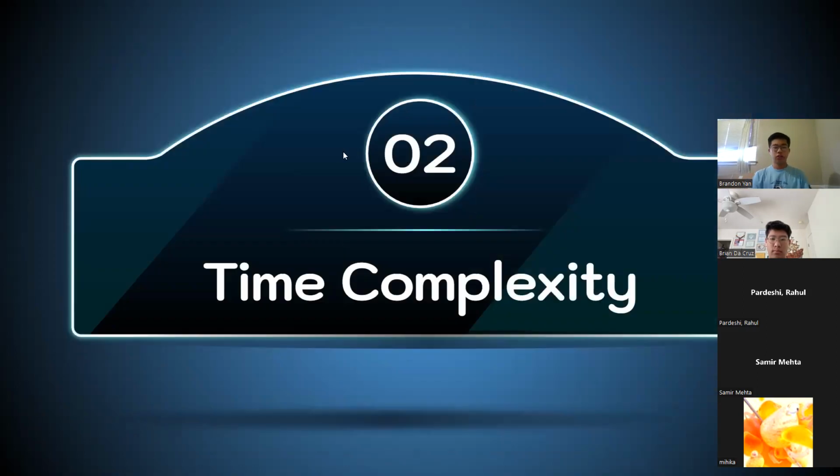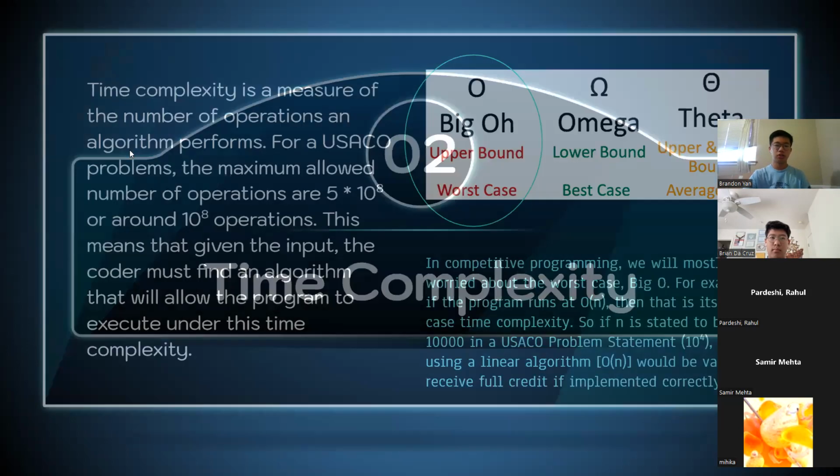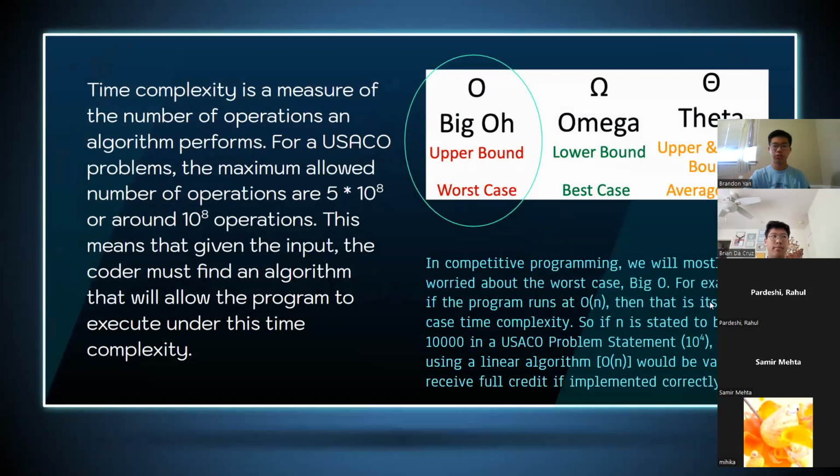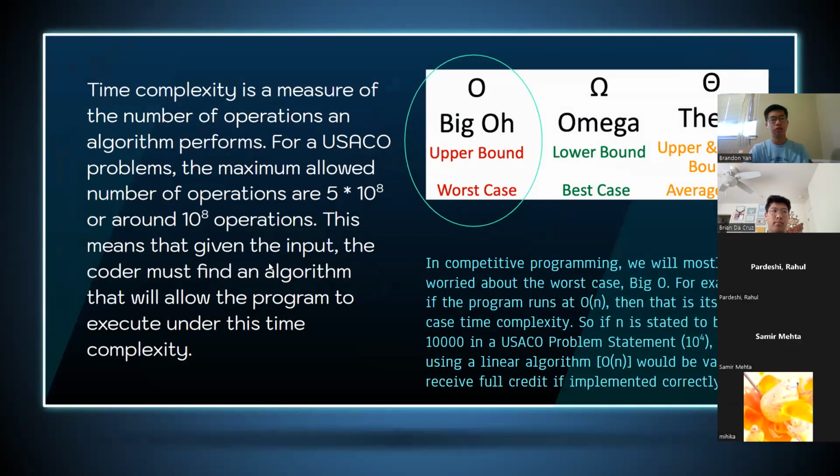So now we've gone over a lot of useful simulation problems, but I mentioned before that you'll need to know how efficient your code is and if it'll meet the USACO run times, like if it'll run in time, right? So let me go more in depth on what that specifically means. How can you know if your program will run in time before you code it up? Time complexity is the measure of the number of operations an algorithm performs.